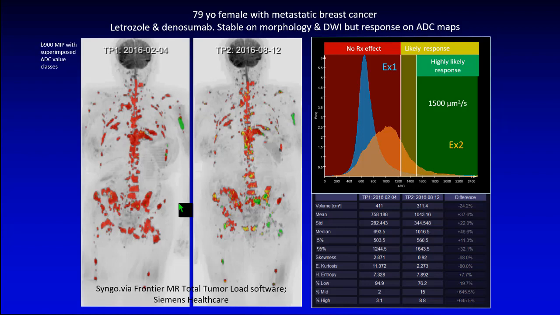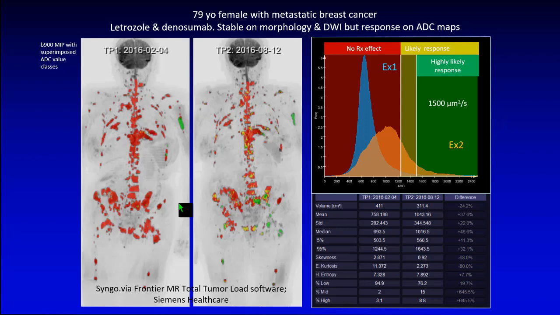In other words, there are areas in the body that are responding. So showing areas of yellow and green and areas that are still red. So this is very typical of a targeted therapy. So when you start looking at these sorts of images, you can say, this looks like a chemotherapy effect, this looks like a pro-apoptotic effect.